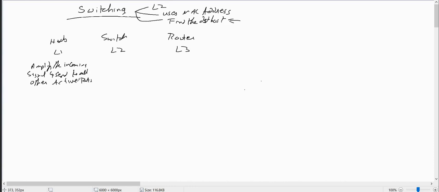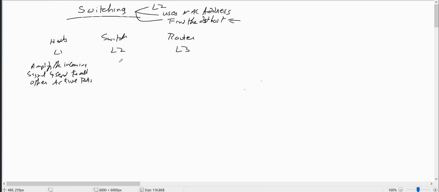It has no knowledge of what that signal is, what type of signal, what is the meaning of that signal, nothing. It's just a signal for the hub. So it gets these raw bit signals and transmits them out. Now it transmits on all other ports except the port through which it received. For some reason many people are very specific about that point. Except the port through which it received. Yeah, that's obvious, but nothing wrong in saying it.